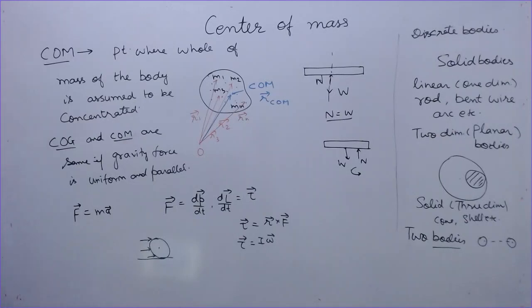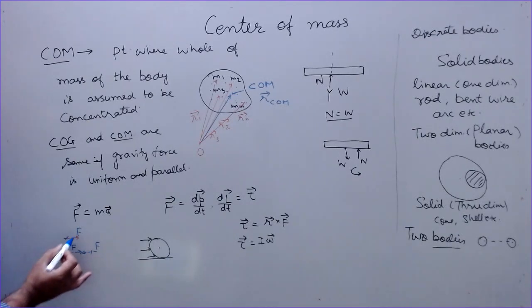I can replace this force with a force and a torque. How? This is the force. This is the center of mass of the body. About the center of mass, if I apply two parallel and opposite forces, this is F, these two are also F. So this and this, what will they do?